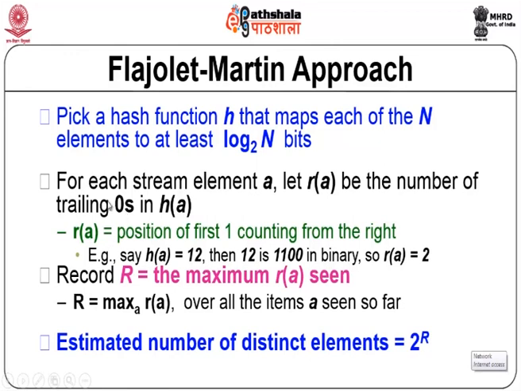So, the maximum number of trailing zeros which is stored in the function r of a will be used for computing the total number of distinct elements, which is given by the equation 2 to the power of r, where r is the maximum r of a seen so far. Suppose in this scenario the maximum r of a seen is equal to 2, then the number of distinct elements seen so far will be equal to 2 to the power of 2, which is 4.